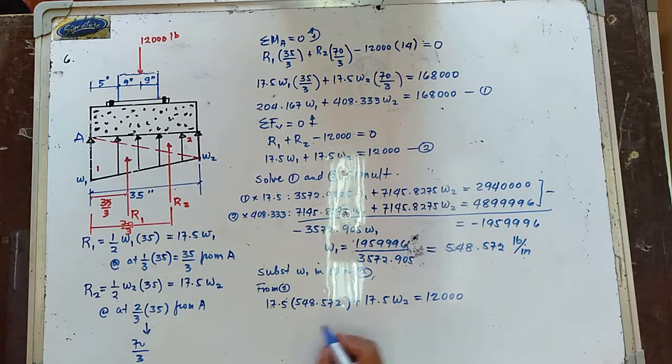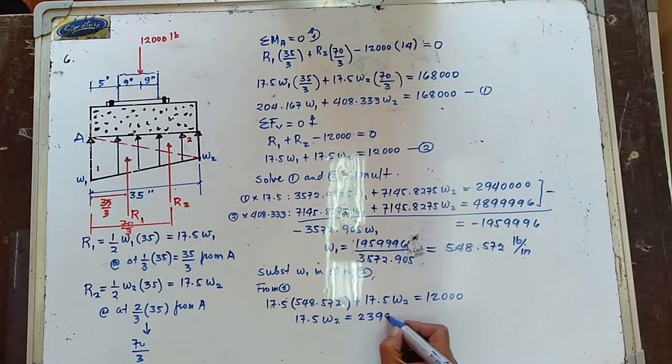Hence, 17.5 W2 is equal to 12,000 minus this, that is 2,399.99.